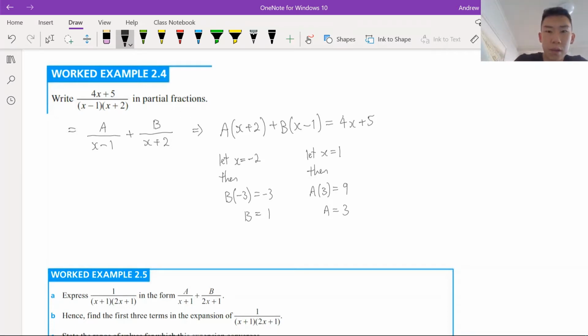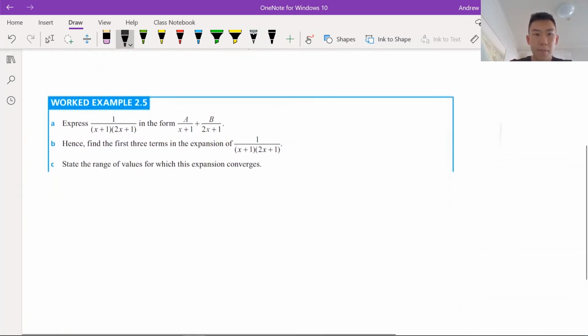So if we substitute in our newly found values, our partial fraction is 3 over (x - 1) plus 1 over (x + 2). Okay, so these are the numerators you need to arrive back at the original fraction if you were to add these two fractions. All right, so using that technique, let's keep going.